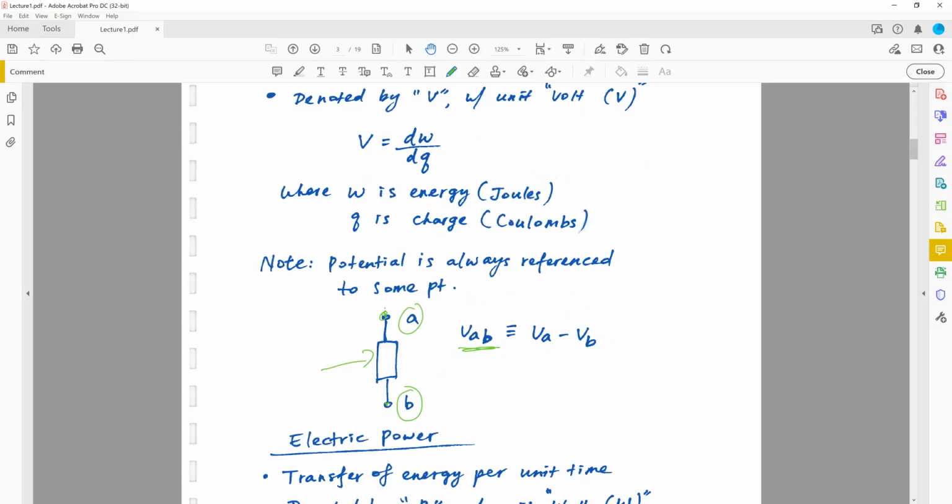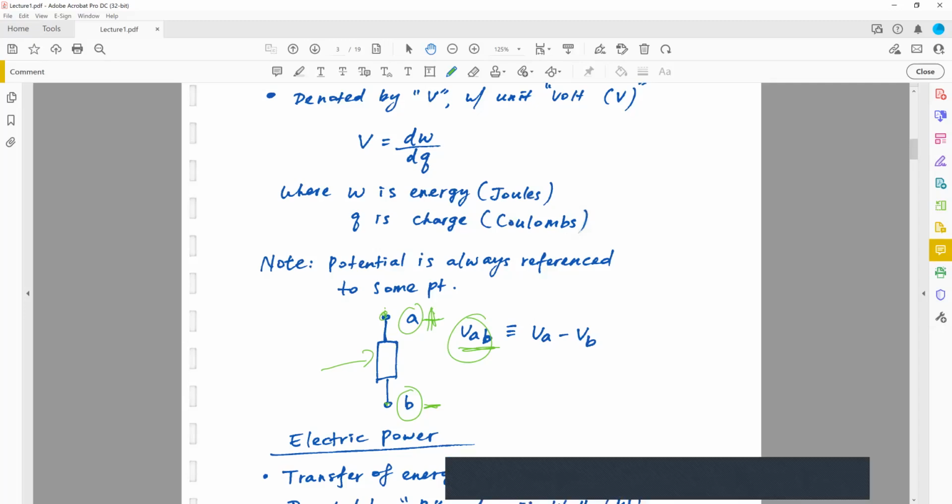The electrical potential across this element is simply denoted by VAB, and this is defined by VA minus VB. This tells me that the voltage at A has higher potential compared to that at B. So I have plus here and minus there. This tells me that I have some potential difference.